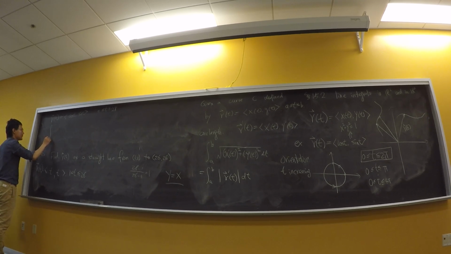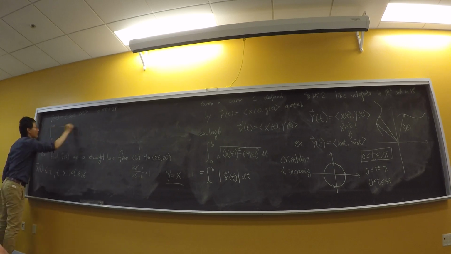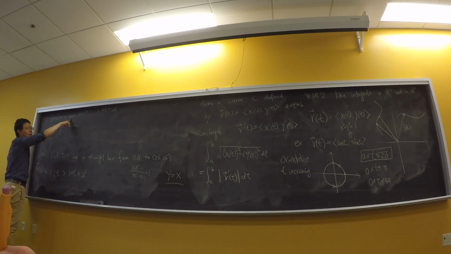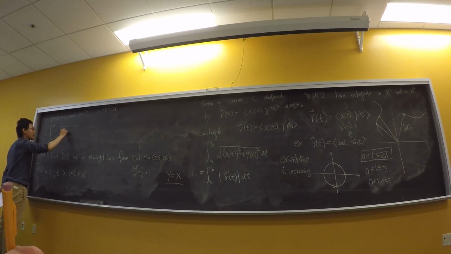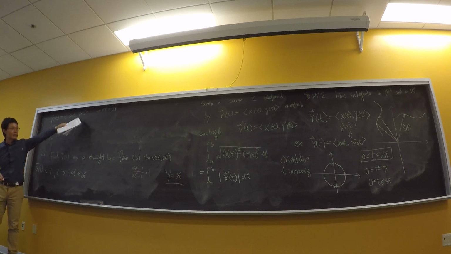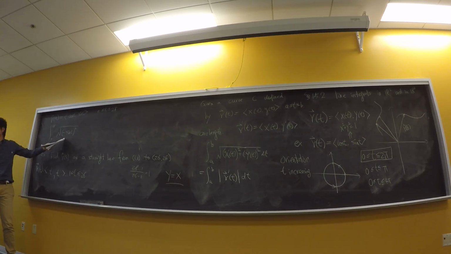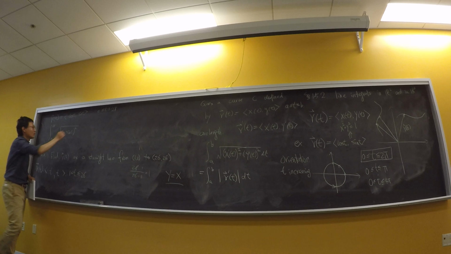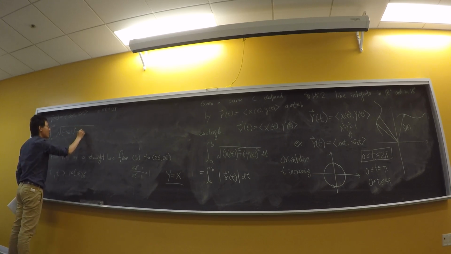So the circle has the length from 0 to 2 pi of the square root of cosine prime squared, where the derivative of cosine is minus sine t, by using the formula. So this is x(t), this is y(t), so I'm taking the x prime t here. I also need to take the y prime t. So y prime is going to be cosine t, squared.